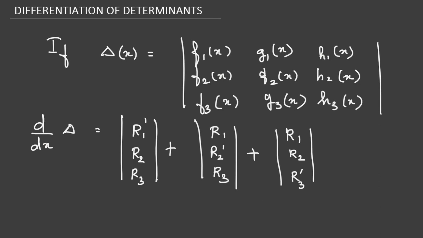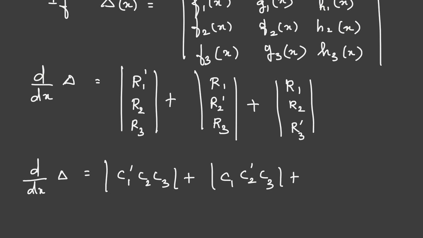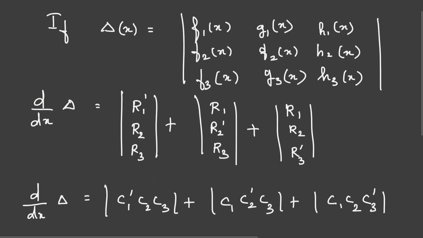Or column-wise, d by dx of delta can be written as the differentiation of the first column, second column, third column remaining the same, plus c1, c2 differentiation, c3, plus determinant c1, c2, c3 differentiation. This is differentiation of determinants.